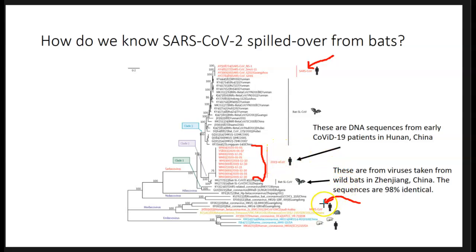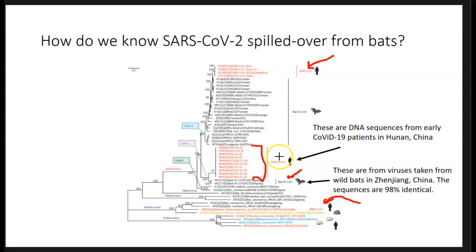So SARS-CoV-2 is similar to these other two coronaviruses that have been studied by humans in labs. But the most similar coronavirus that has been identified was one that was taken from a wild bat in Zhejiang, China. And that sequence is 98% identical to SARS-CoV-2, the virus that causes COVID-19.